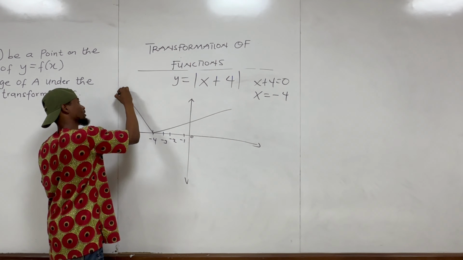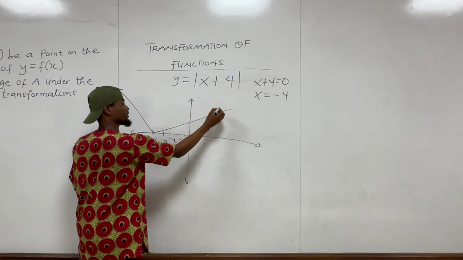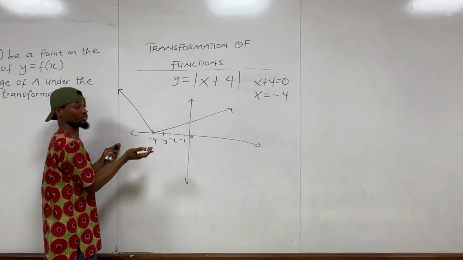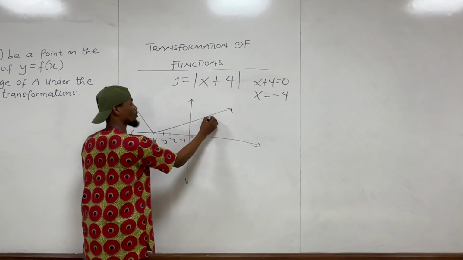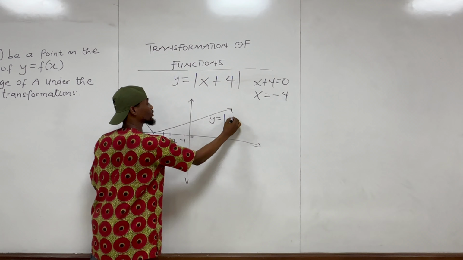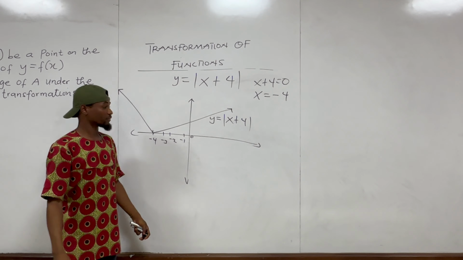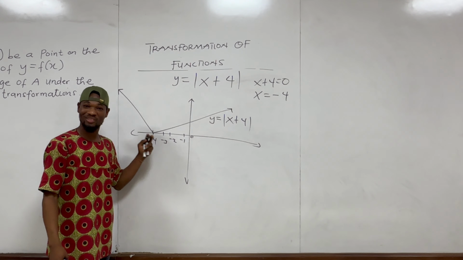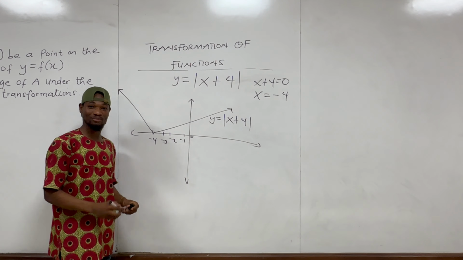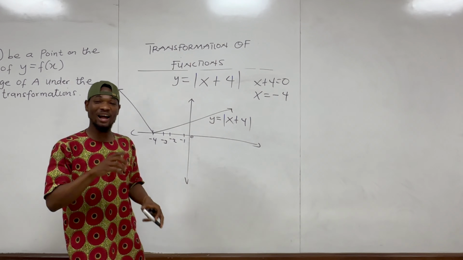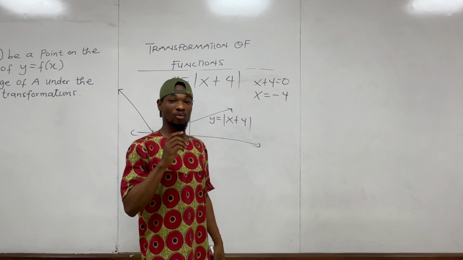So I have this, and I have this. So the name of this graph is y equals absolute value of x plus 4. As simple as that.